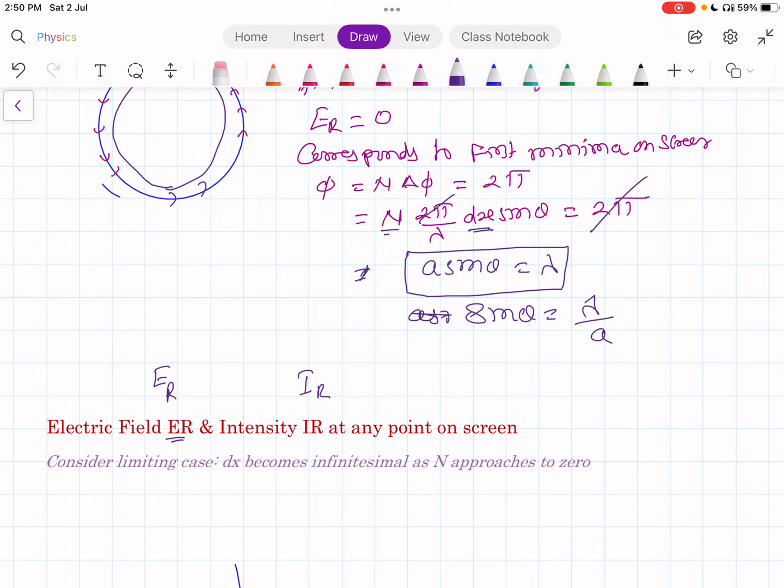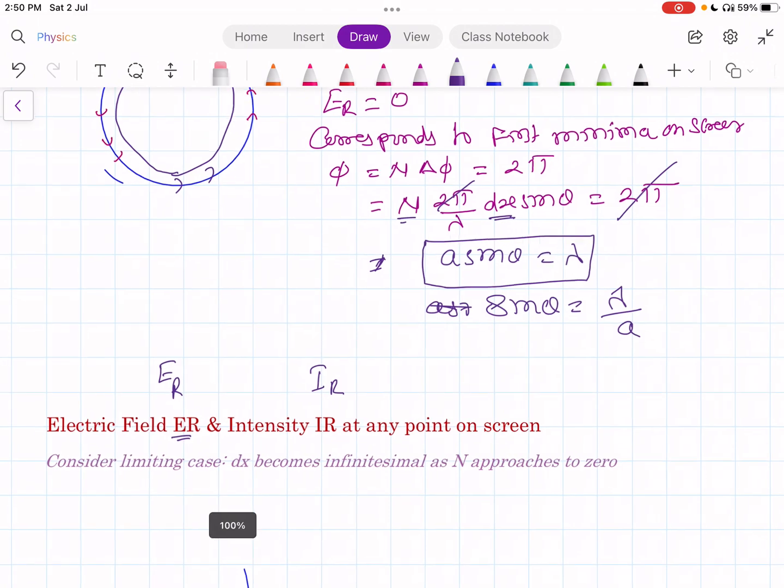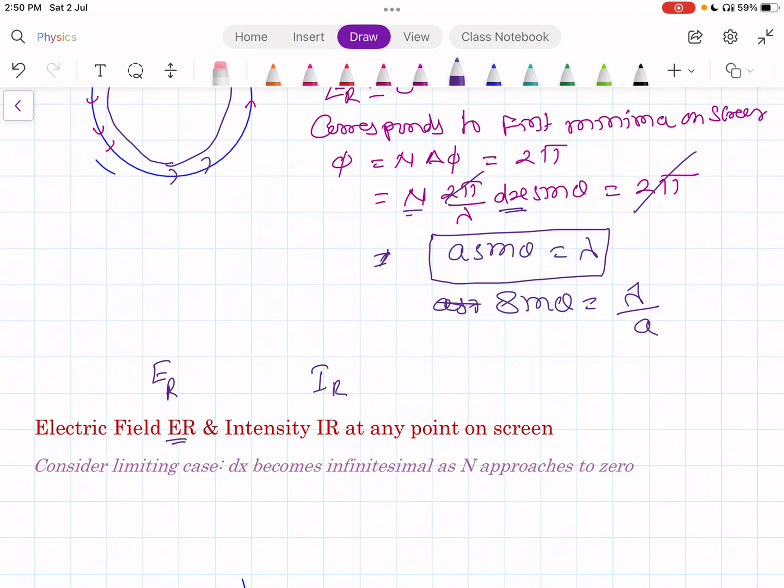And to find that, we are considering a limiting case. The limiting case is as dx becomes infinitesimal, as n approaches infinity.